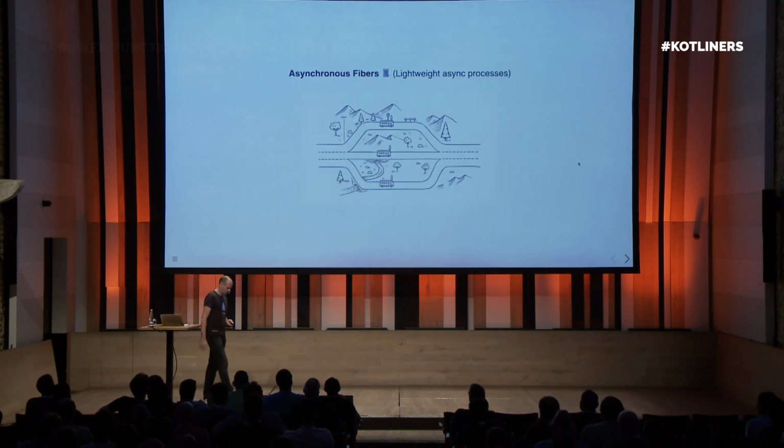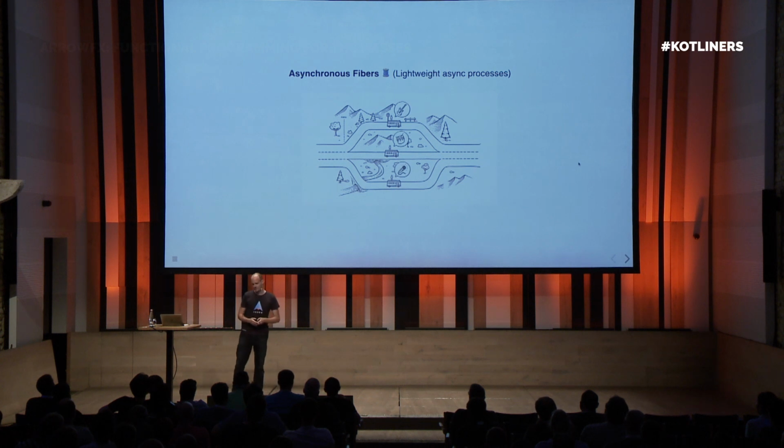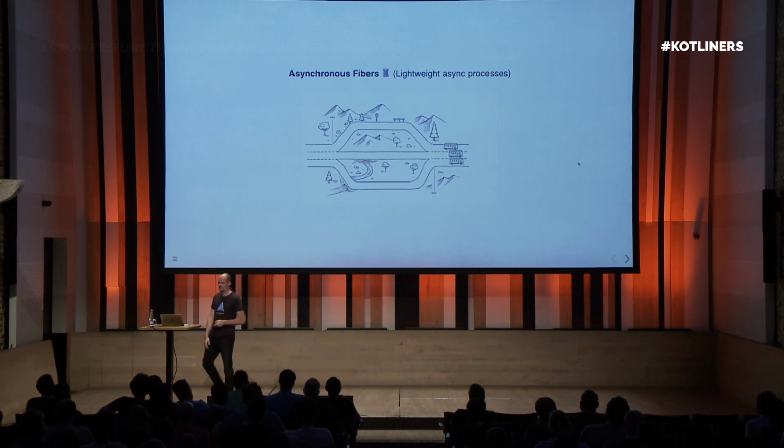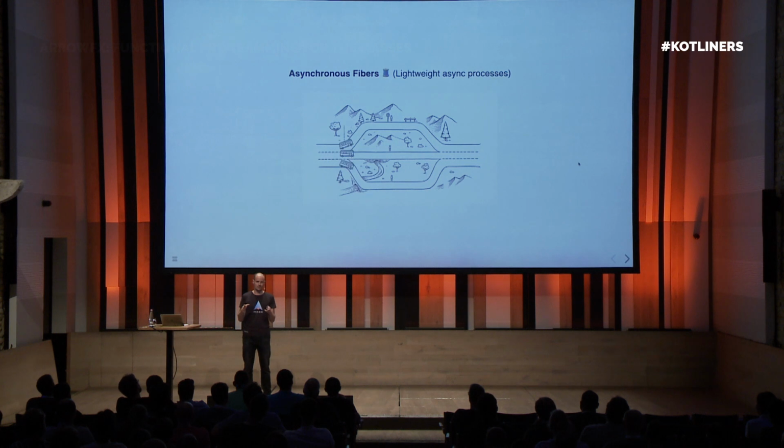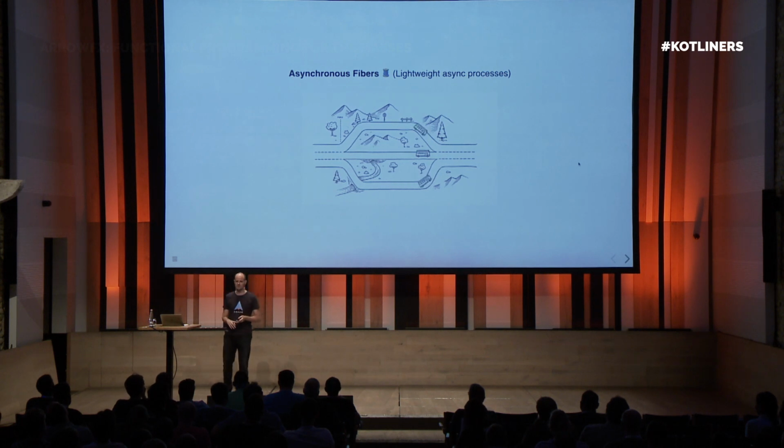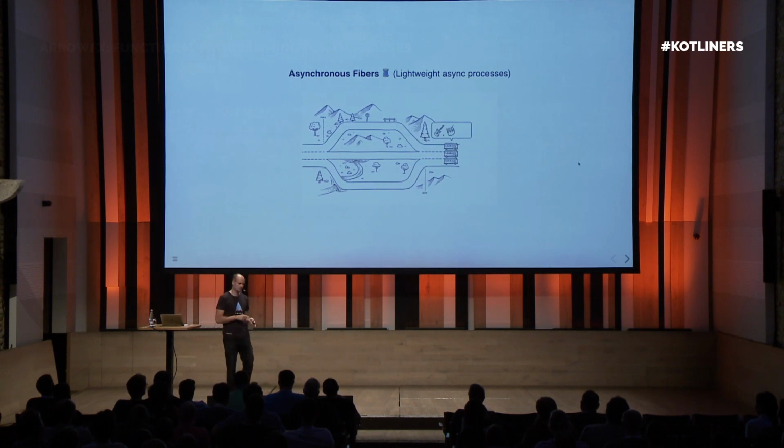Cool. Let's talk about what we call fibers. What's a fiber? A fiber is like a lightweight asynchronous process. This is built on top of the same primitives that the coroutine standard library uses, like suspend and coroutine continuation and those things. The actual KotlinX coroutines library is built on top of that also.